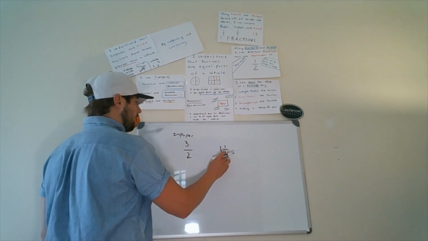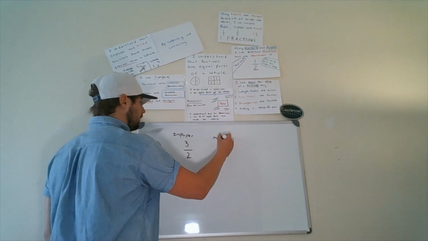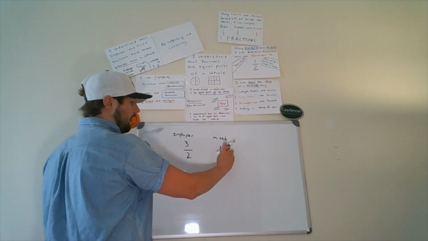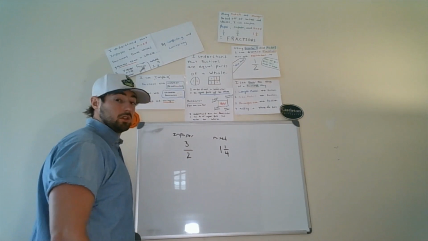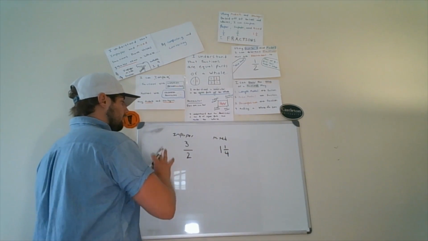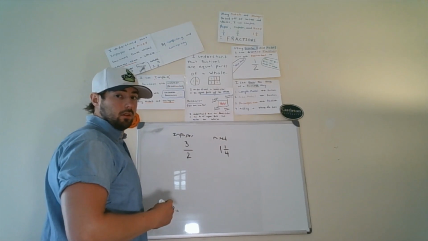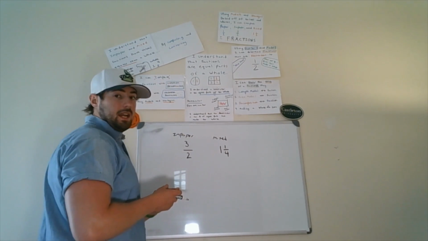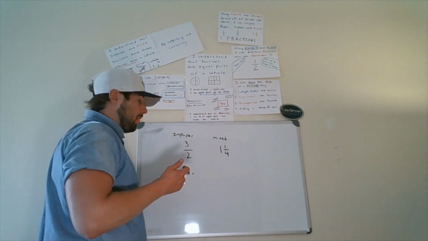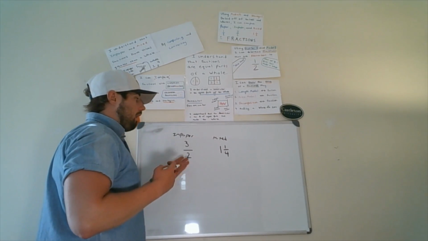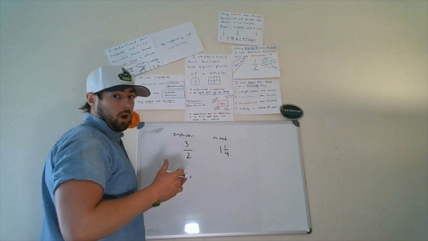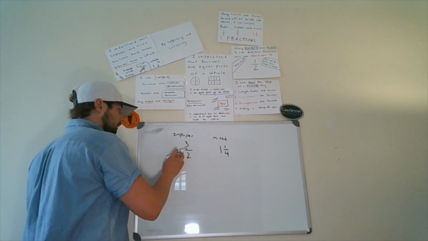And 1 and 1/4 is a mixed fraction because it has a number and a proper fraction. So to make this all make sense when comparing, they need to look the same to help me, perhaps, in my brain. So I could use decomposing, but I could also do that using the length model.